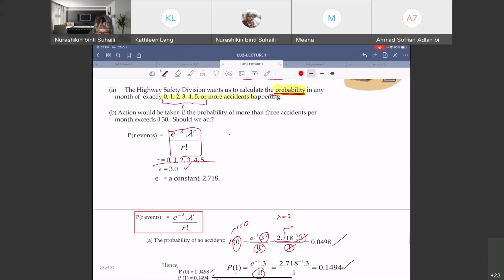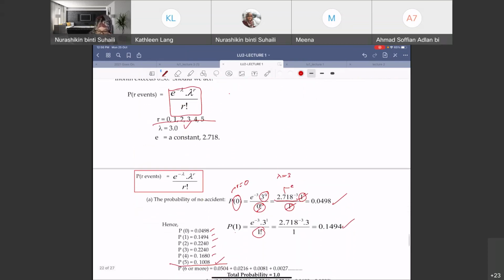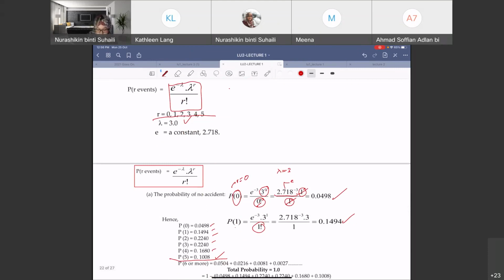So the last question, 5 or more accidents happening. Let's say more than 5, it means 6 and above, right? Because this is a discrete distribution, we don't talk about 5.1, 5.2, 5.3. There's no such thing. So we start directly with the whole number after 5, which is 6.